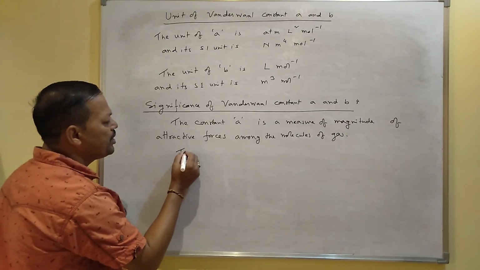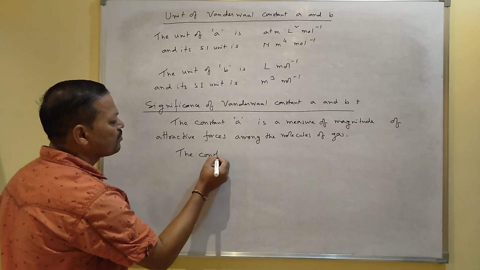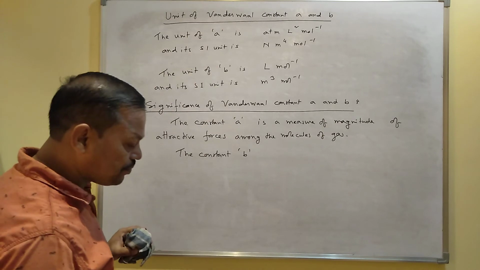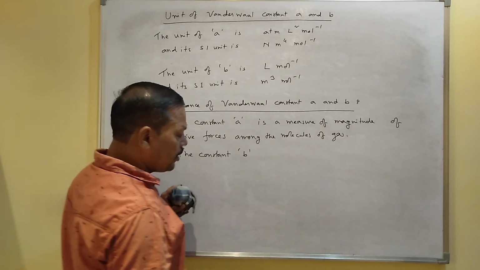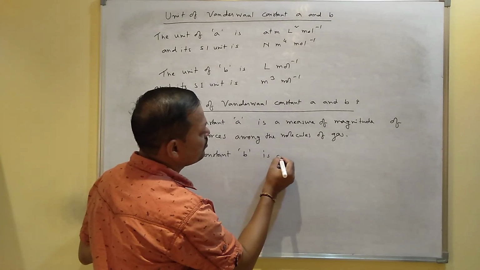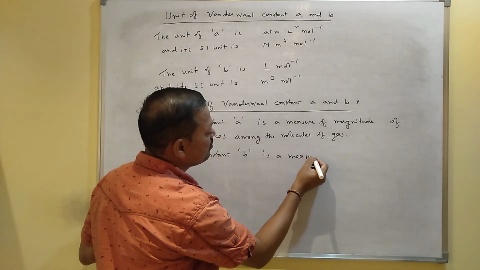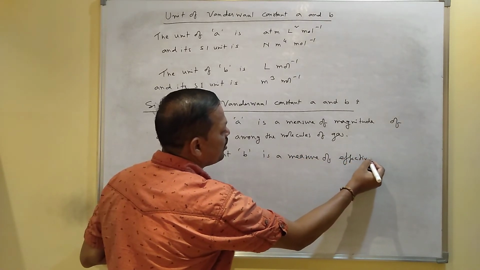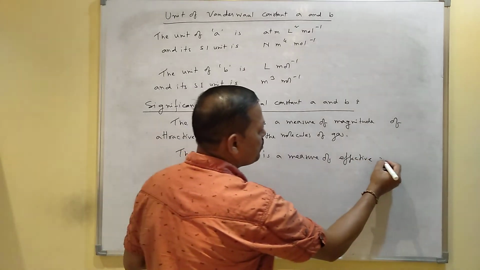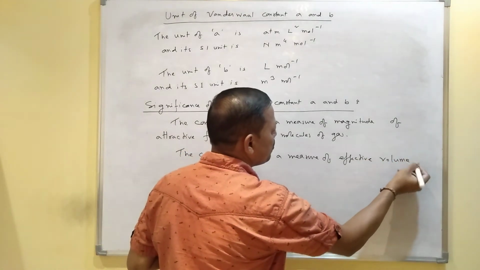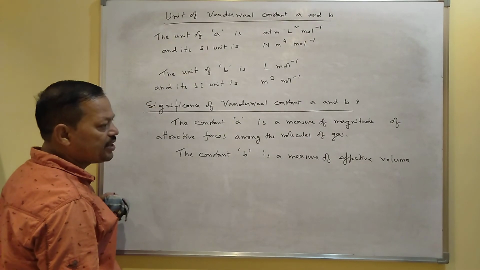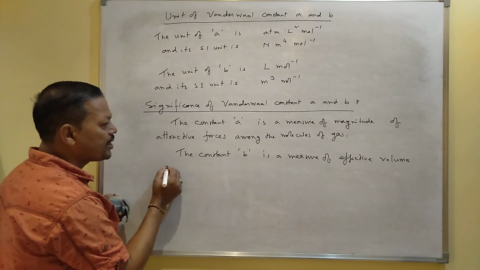The constant B is a measure of the effective volume or effective size of the gas molecule.